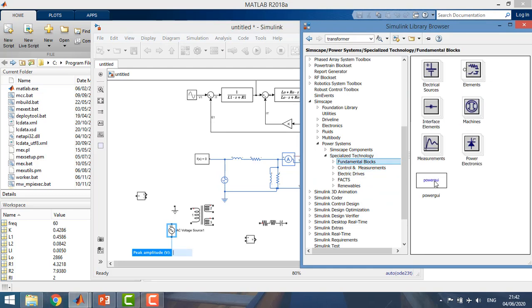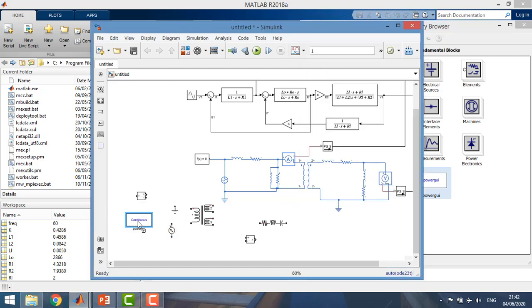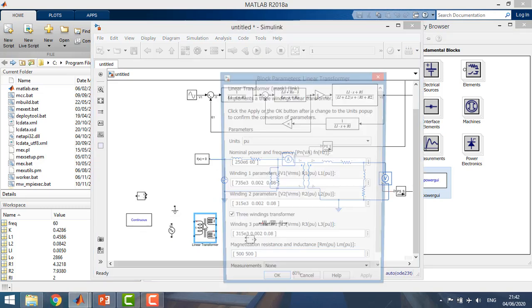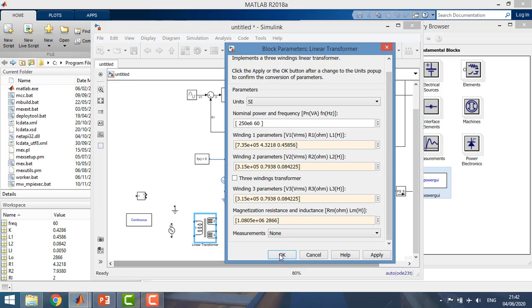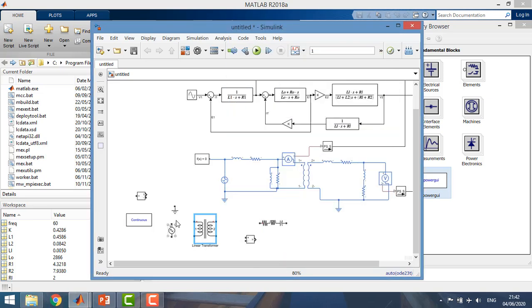And we do need our graphical user interface. Okay, so first things first, we are using a two winding transformer. We're going to feed the parameters in real values. So again, I'm using the same parameters.